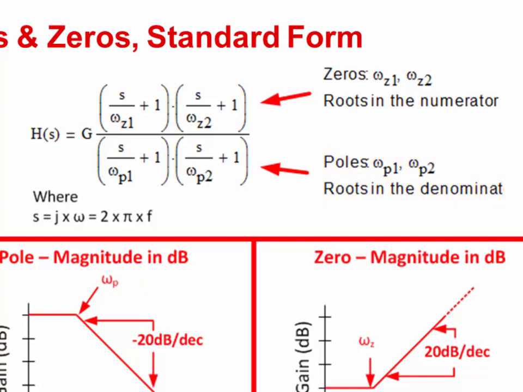Each pole and zero is factored to be S divided by omega plus 1. This is called the standard form because it allows you to easily determine the pole and zero by inspection. Furthermore, notice that the DC gain is factored out of the transfer function. This makes it easy to determine the low frequency gain.